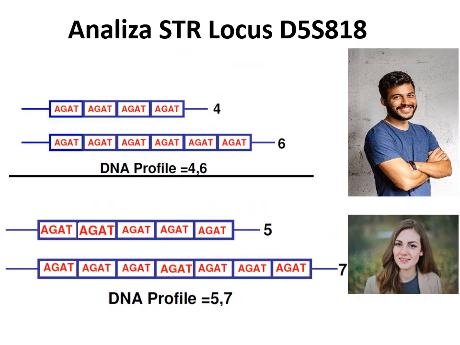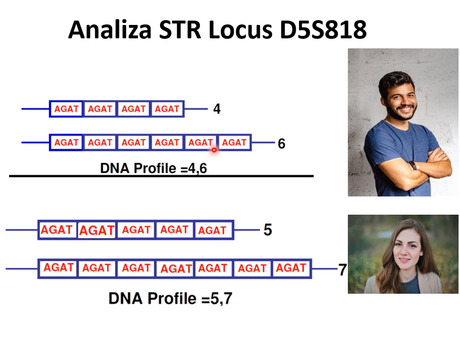Let's focus on one particular locus, locus D5S818. We have the man, and of course he has 2 homologous chromosomes, number 5, 1 from his father, 1 from his mother, and on one of the homologous chromosomes he has 4 repeats, on the second homologous chromosome he has 6 repeats.